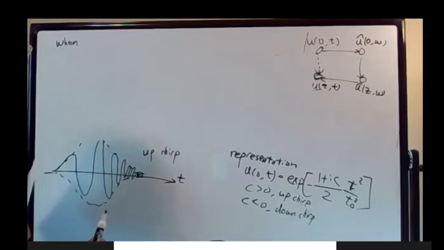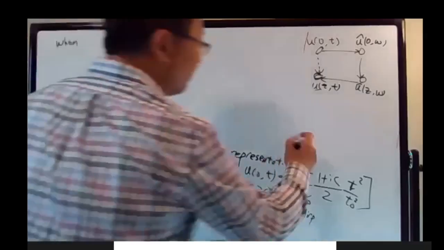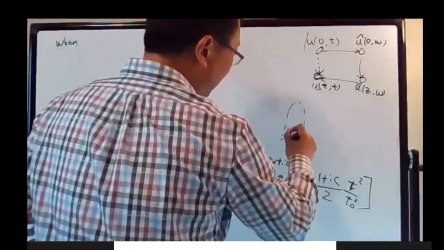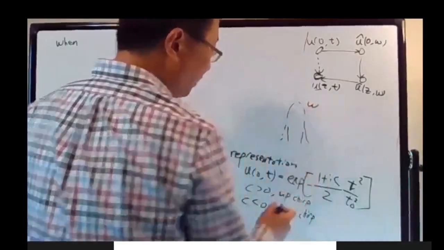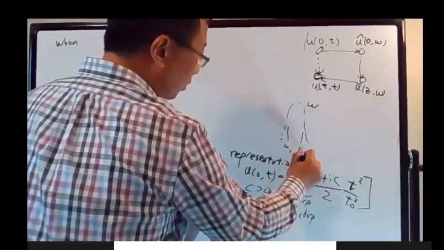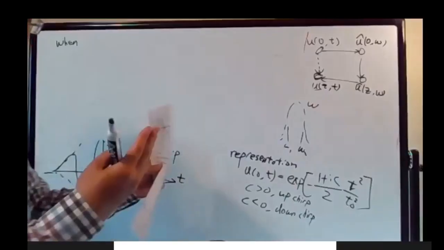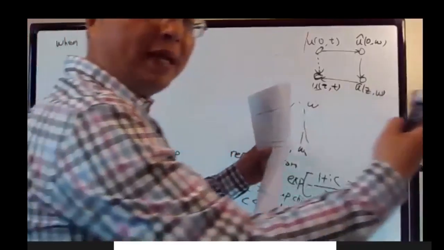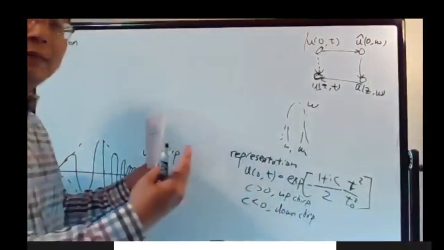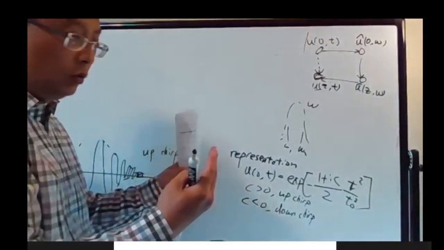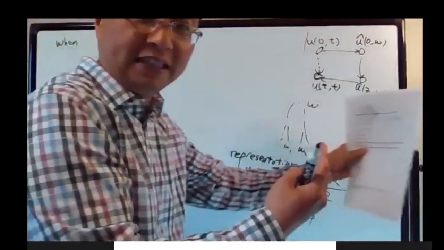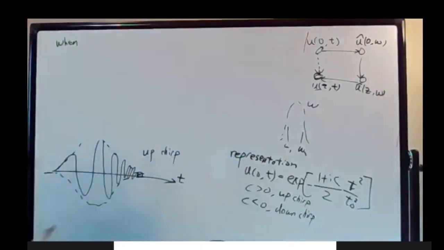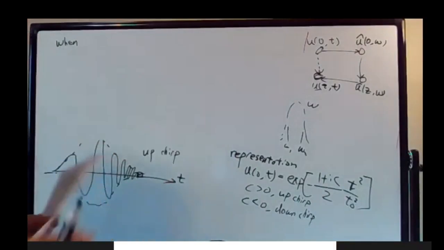In other words, if you have a pulse in the frequency domain, and you have omega 1 and omega 2, sometimes omega 1 can propagate faster than omega 2, and sometimes omega 2 can propagate faster than omega 1, or omega 2 can be slower, right?